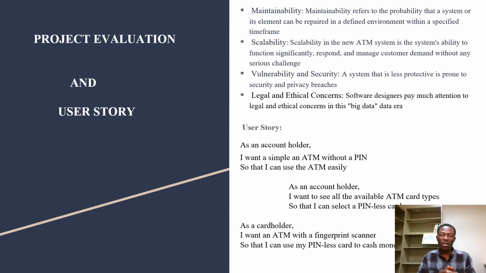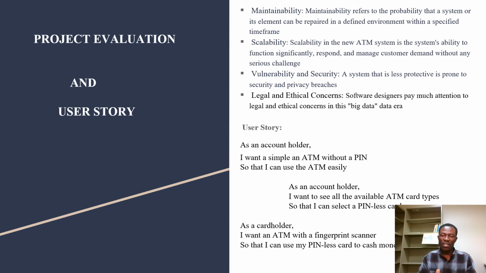We also talk about legal and ethical concerns. In software development or software design, critical attention needs to be paid to legal and ethical issues, especially with Scrum methodology, where we work in sprints. Working in sprints means that there's some form of bond between the client and the designer.